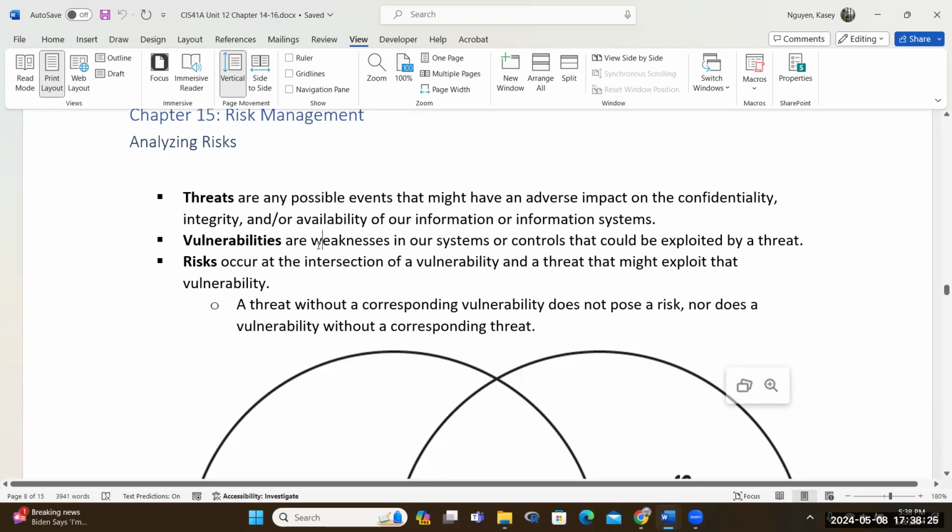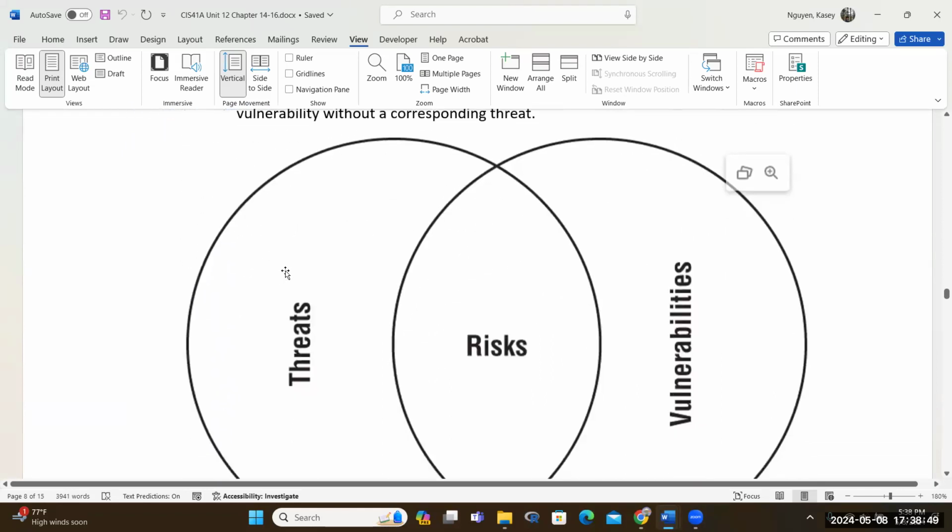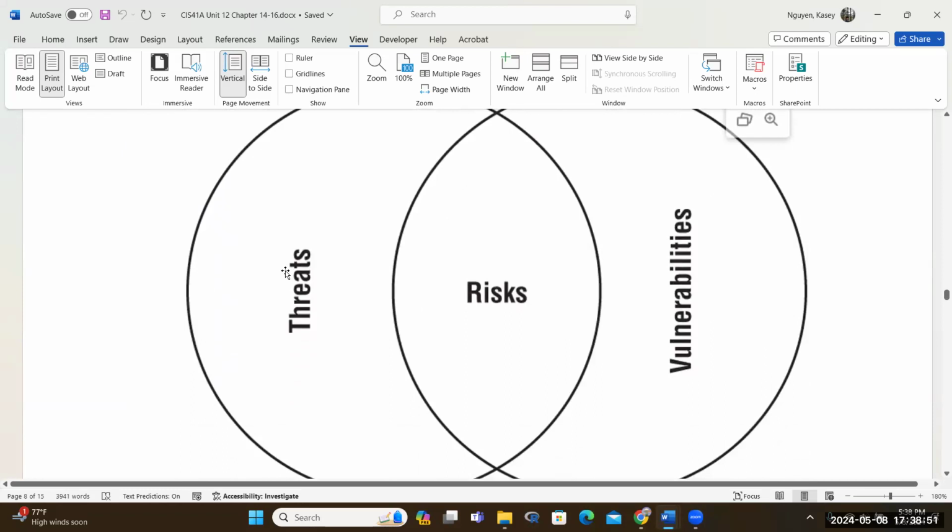A vulnerability is a flaw or weakness of the system. It could be software or hardware. And in the attack, it's simply a threat acting on the vulnerability. A risk is when a threat exploits the vulnerability. So it's like this. Okay.